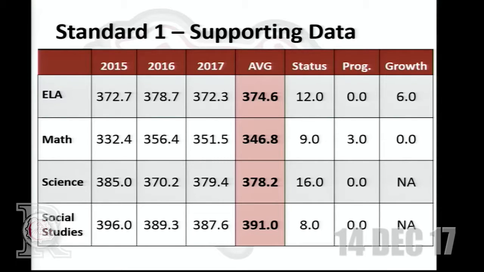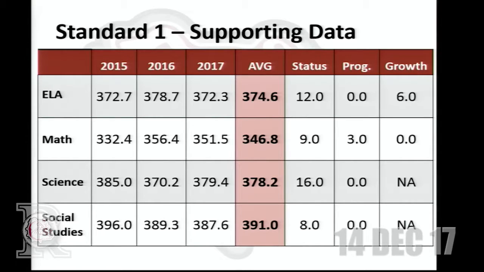We did, however, earn growth points, and growth points means that we took kids on the entire spectrum of performance and moved them further than they were expected to move, okay, which is a good thing. So this is where that educational philosophy gets put into this score guide, so we can earn points based on our student performance and also earn points based on how far kids move.